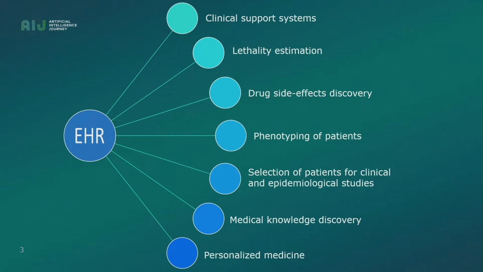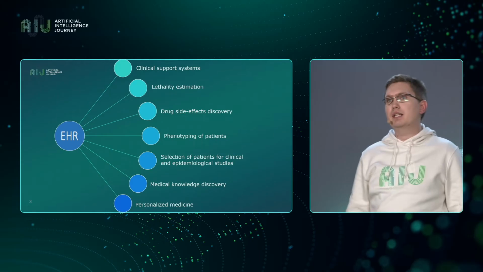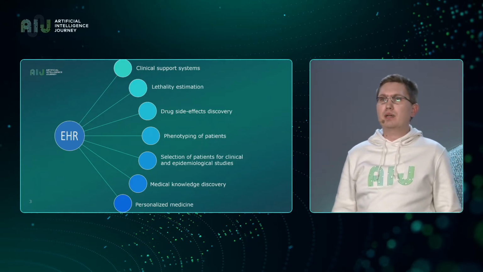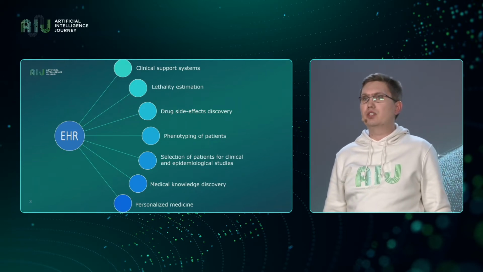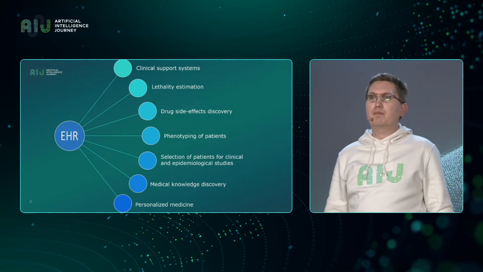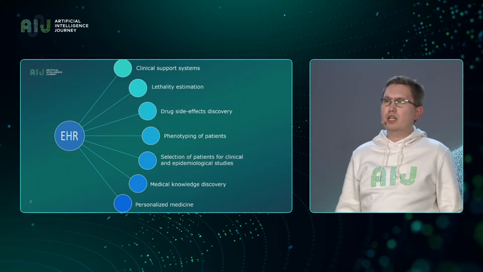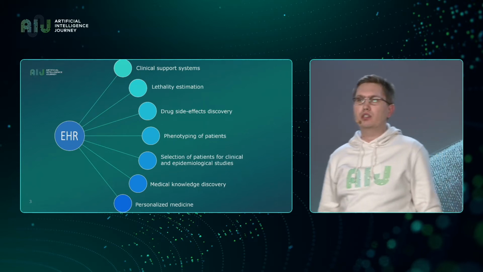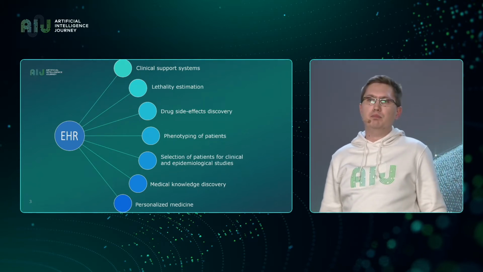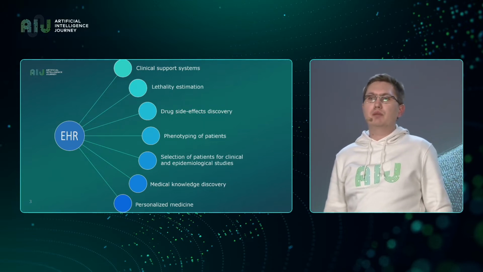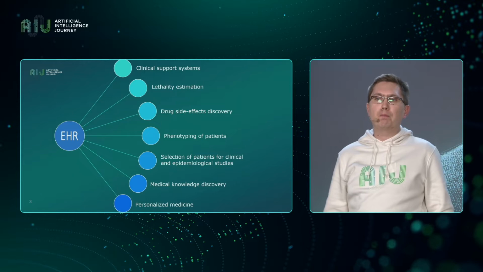Electronic health records, in the volumes that have been accumulated already, are a huge resource. They help sort out a lot of practical tasks. For instance, using this data, we can build systems to support doctors in making decisions, to estimate lethality in different diseases, to discover side effects of different medications and drugs, to phenotype patients, to select patients for participation in different clinical or epidemiological trials, for creation of medical knowledge databases, and for personalized medicine.